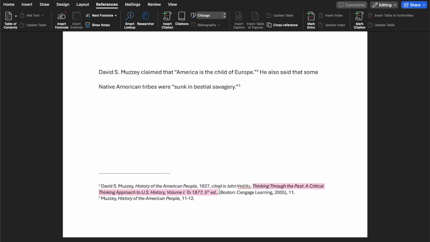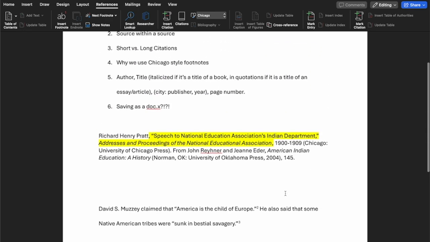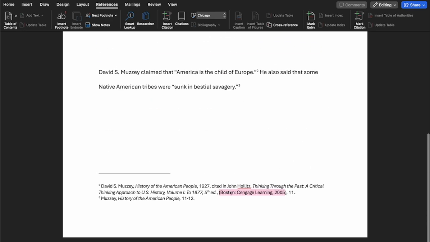So I just put all the information, and then another comma, and then your parentheses with what we have up here. We have the city and a colon, the publisher, comma, the year it was published, close the parentheses.